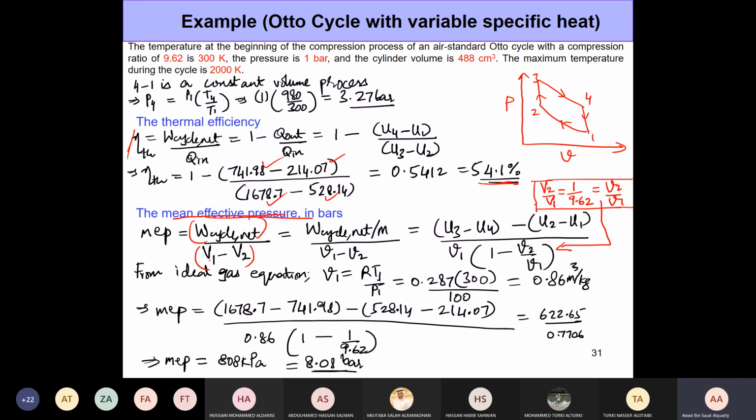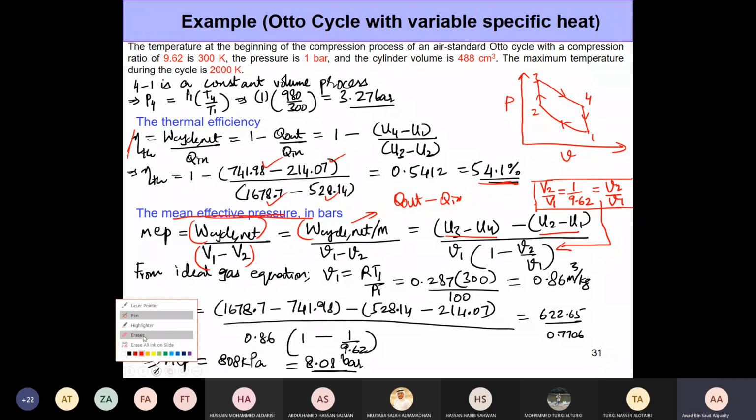Now, you have two options to evaluate the work done within the cycle, right? You can either take it as work done during the expansion process 3 to 4, that is U3 minus U4, minus the work input during the compression process, which is 1 to 2, so which is U2 minus U1. Or you could also write it as Q out minus Q in. Sorry, Q in minus Q out.